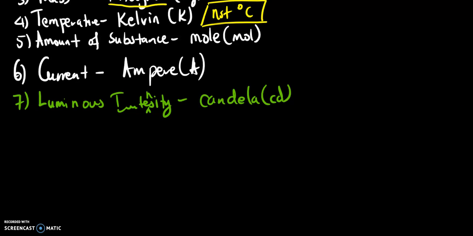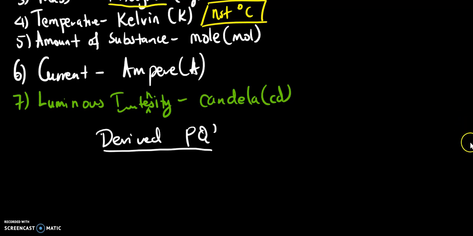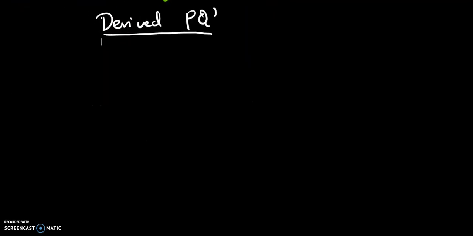Now, sometimes we can combine these fundamental physical quantities to get what we know as derived physical quantities. So these derived physical quantities have their definitions based on fundamental physical quantities. Take, for example, speed.